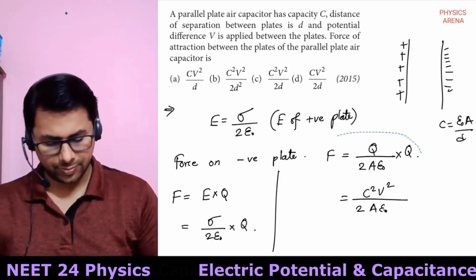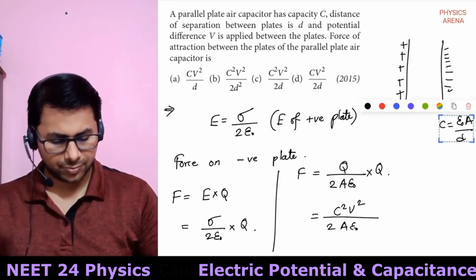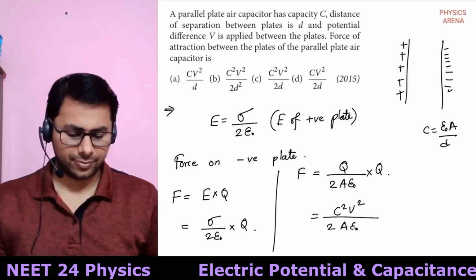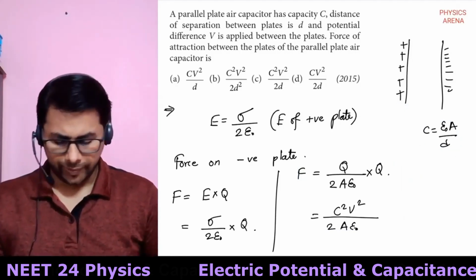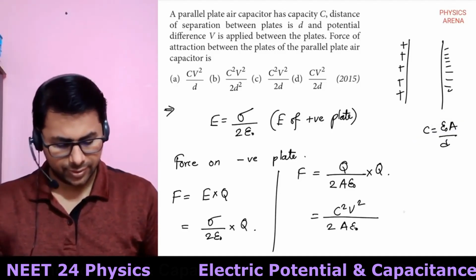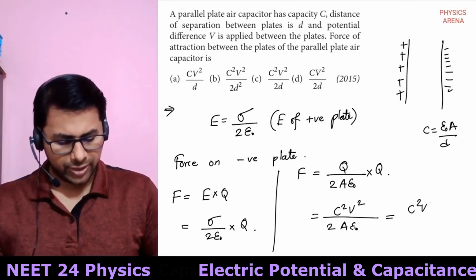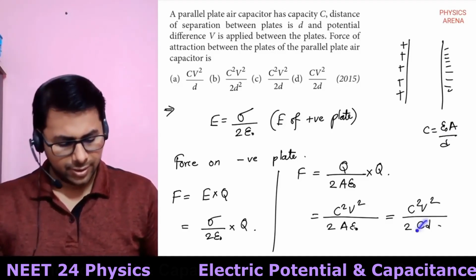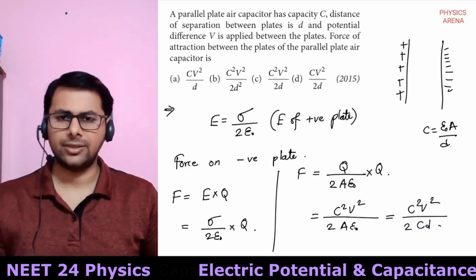We can use this. So epsilon naught A is equal to CD. So C square V square upon 2 times CD, and C gets cancelled.